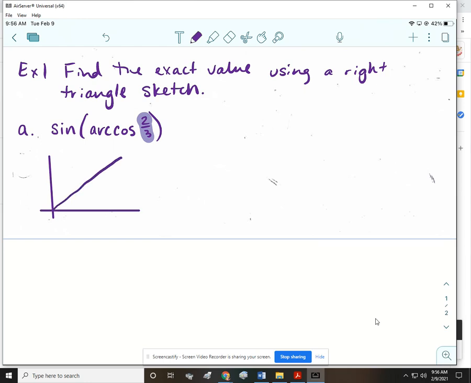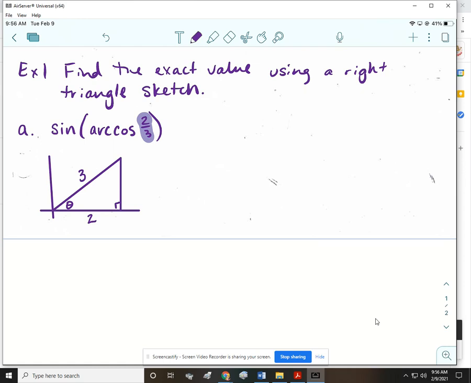So we'll draw a triangle in quadrant 1. Should feel familiar. We're going to put theta at the origin. So we're looking for a theta that has a cosine of 2/3. So that means that the adjacent is 2 and the hypotenuse is 3.